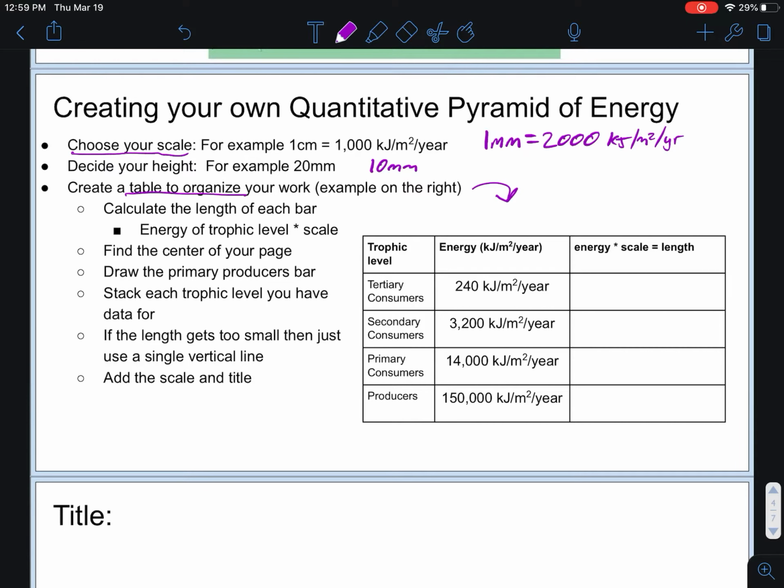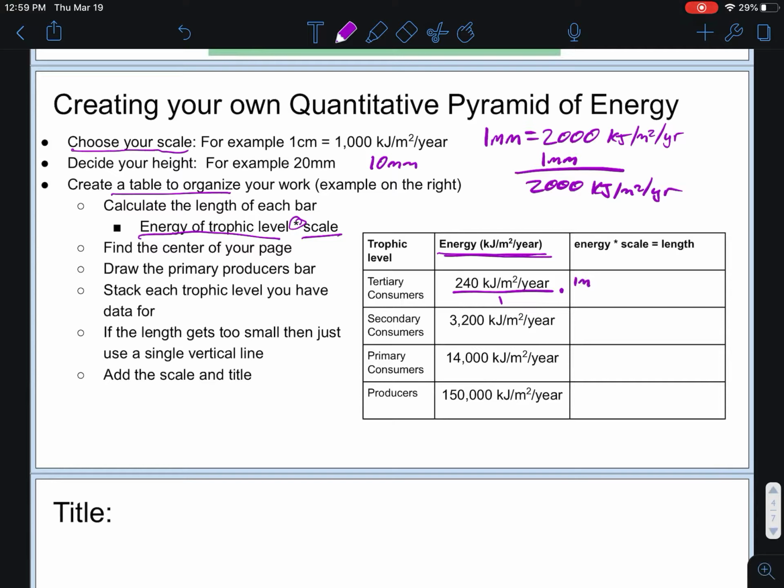If I write that as a conversion factor, I would say 1 millimeter over 2,000 kilojoules per meter squared per year. And that way, when I multiply this conversion factor by my amount of energy, I can cancel out my kilojoules per meter squared per year.